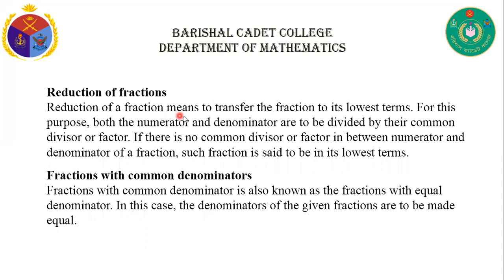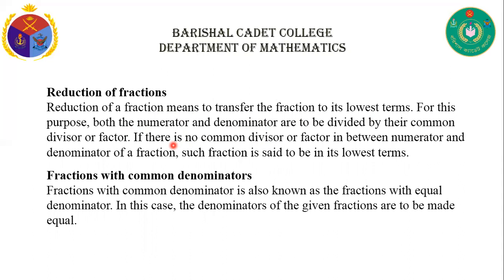Okay, so reduction of fractions. Reduction of a fraction means to transform the fraction to its lowest terms. For this purpose, both the numerator and denominator are to be divided by their common divisor or factor, like 6 by 9, where the common factor is 3.